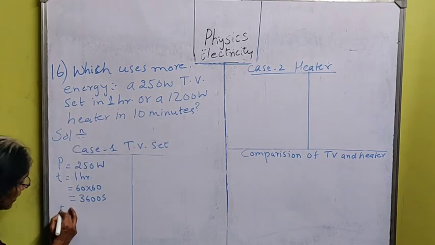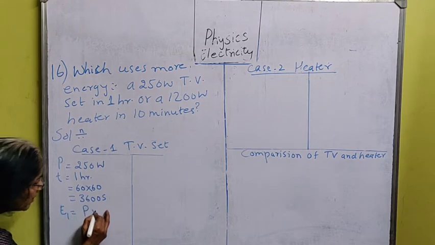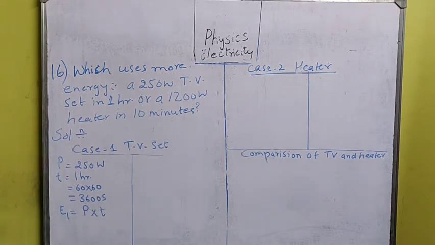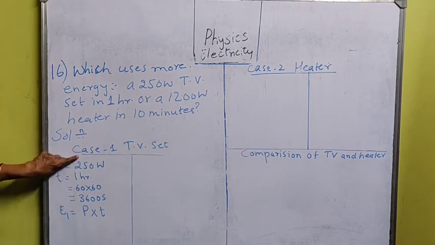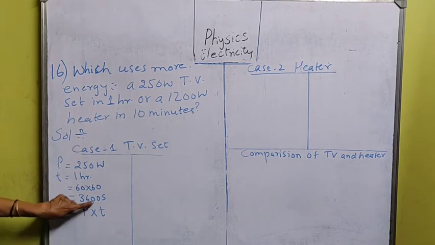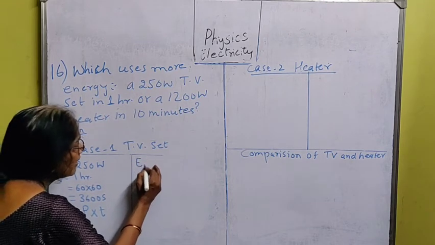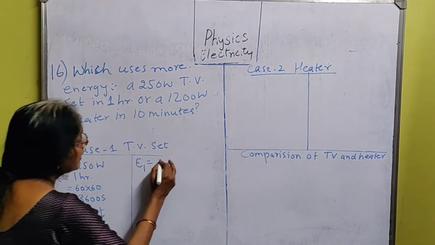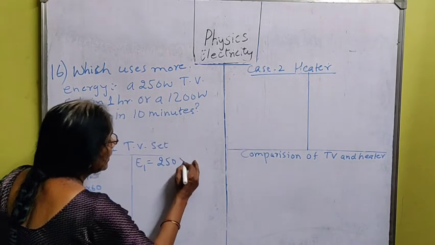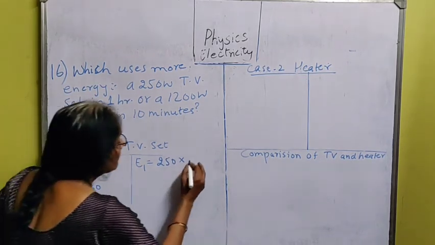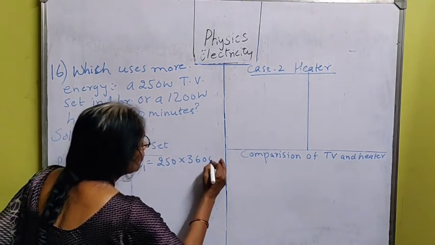So E1 is equal to power into time. So what is power given? We substitute the value of power. What is time given? We substitute the value of the time. So we will get E1 is equal to power is 250 into what is the time? 3600.